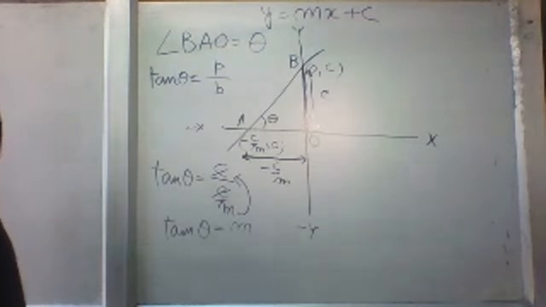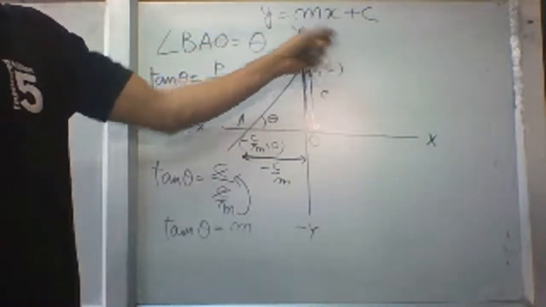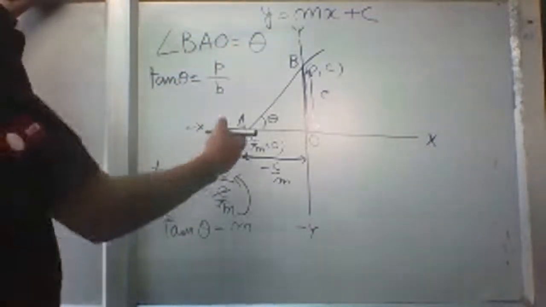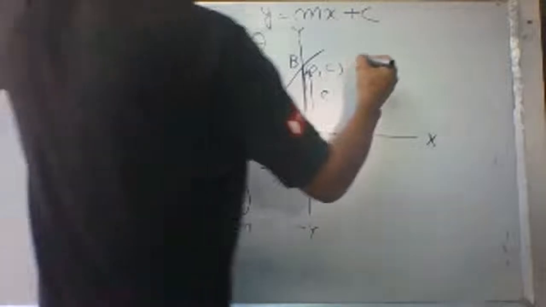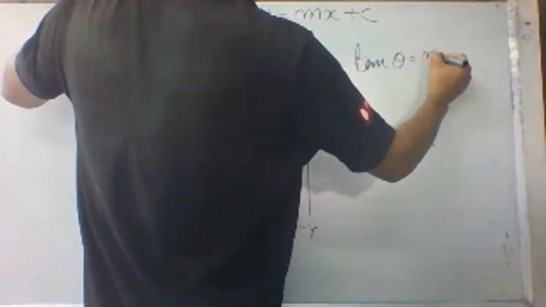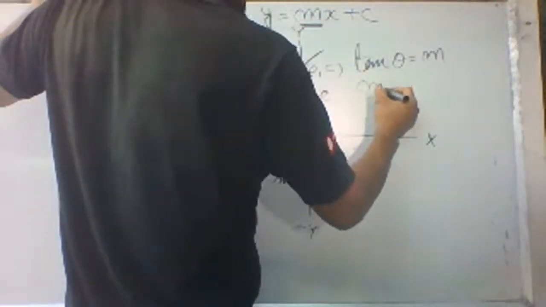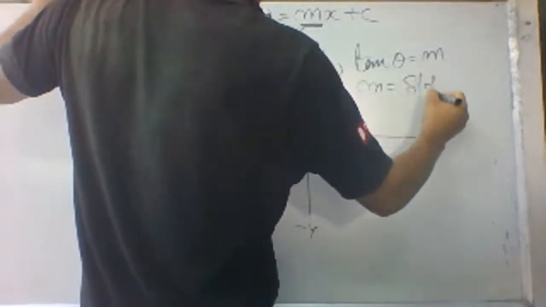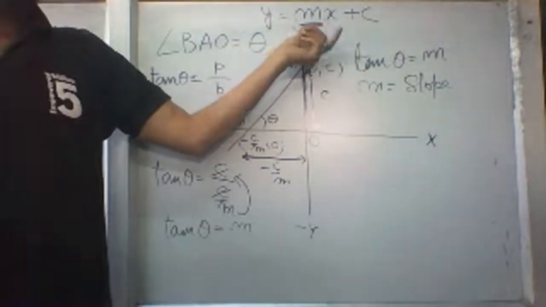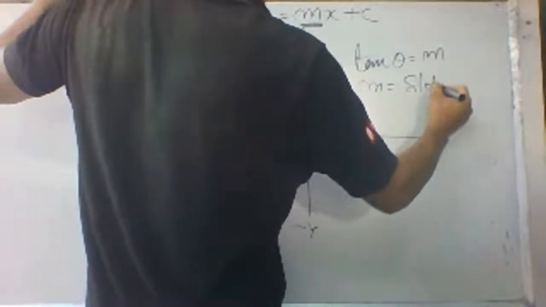This is always called slope. As this is a linear equation of a line in coordinate geometry, tan theta means the angle of the slope. Tan theta is always m, and m here is the slope. Don't forget, m is the slope.